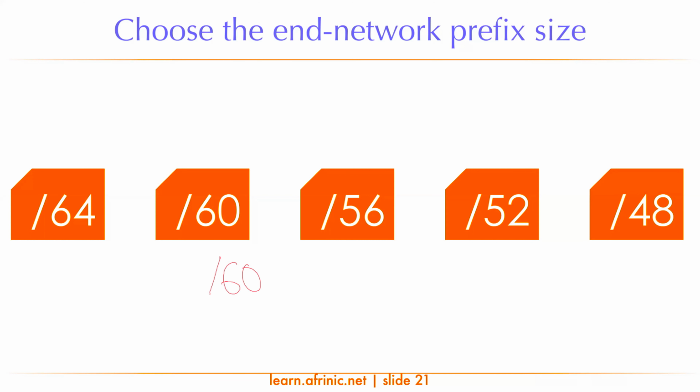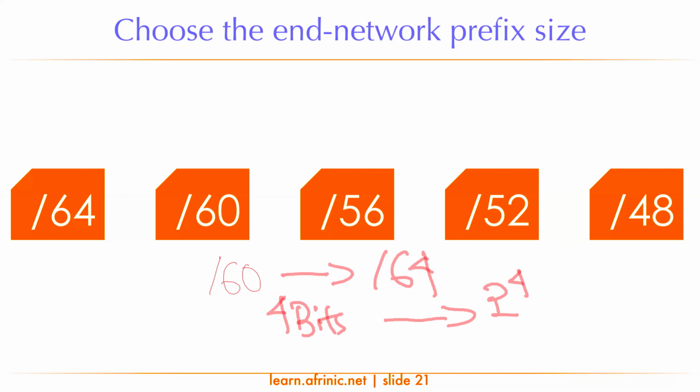So a /60, remember I said the end network prefix is /64, gives the customer 4 bits to work around with. So 4 bits can give you how many networks? 2 to the power of 4, which equals 16. So the customer has a possibility of coming up with up to 16 subnets. So don't give your customer a /64. Always give out a /60, or some ISPs will issue a /56 to customers.